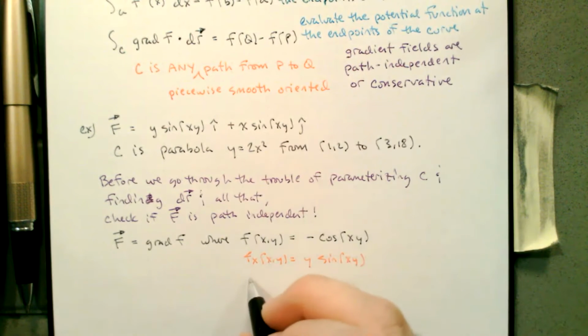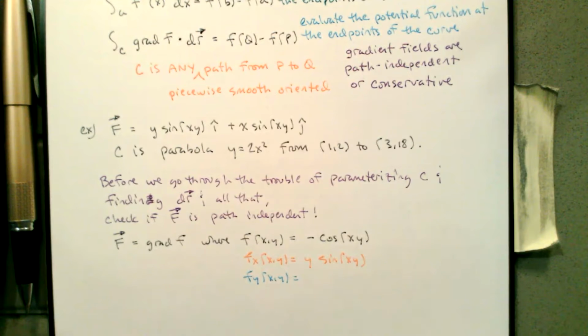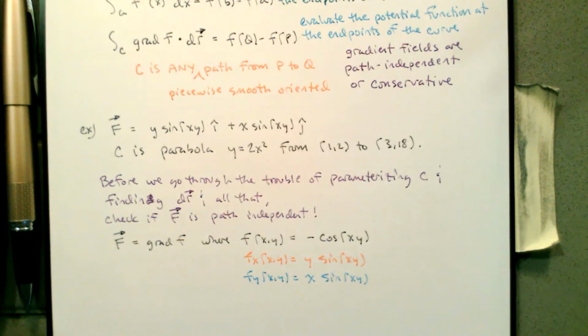And f_y: the derivative of negative cosine is positive sine, times the derivative of the inside with respect to y, which is x. This is the other reason that I picked this function, because it would be easy for me to integrate before I have been sufficiently caffeinated.